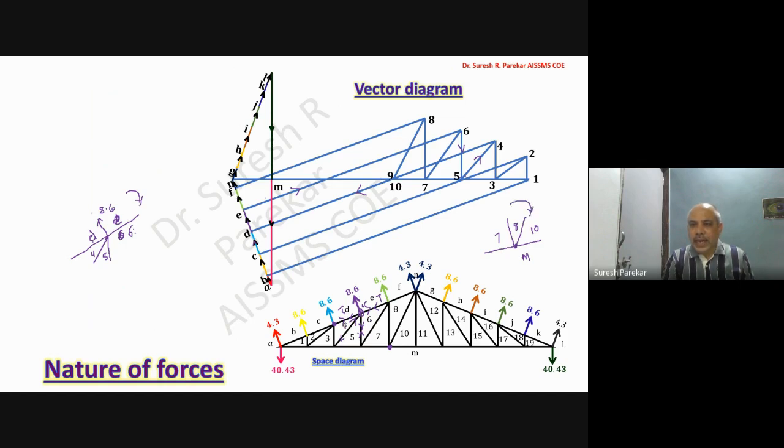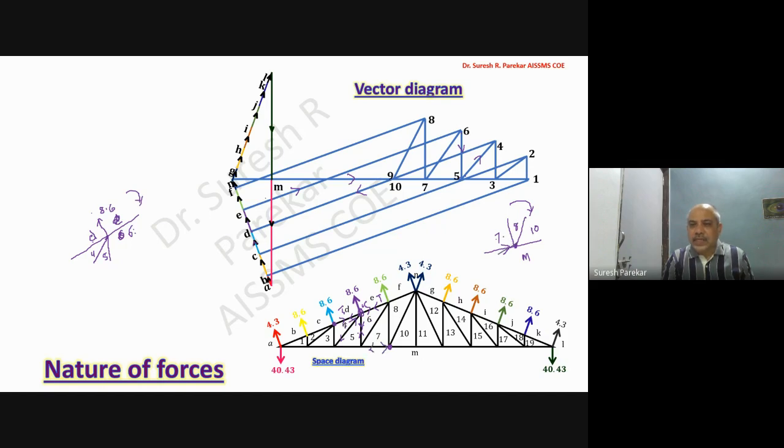So we will go M7. So we have M over here, and then 7 on this side. So we are going towards this. So we have compression in M7.